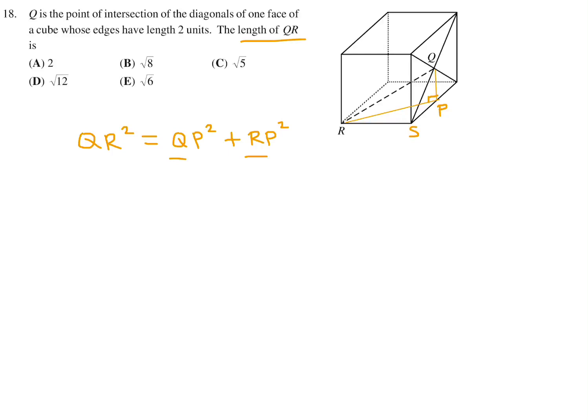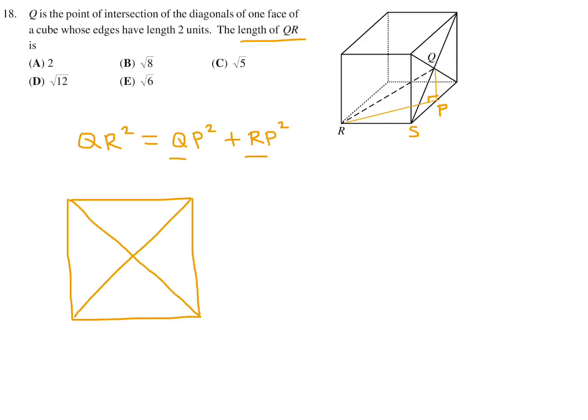So the first thing is I'll draw this face a little bit better for you to understand, I'll draw it here. And let's draw the diagonals. And this is Q. And this is a square of length 2. So this is 2, this is 2, this is 2.